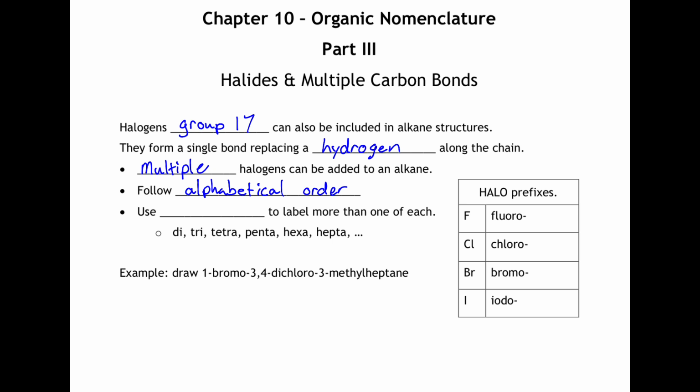We use the prefixes that we did for multiple groups: our di, tri, tetra, penta, hepta, and so on. All those. Remember, that's 2, 3, 4, 5, 6, 7, and more.